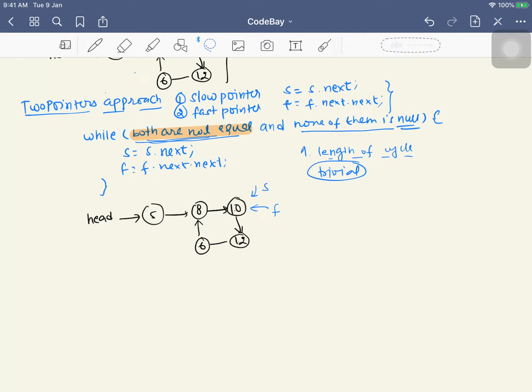Now let's dry run it. So let's move our fast pointer by one node: 1, 2, 3 and 4. So this shows that the length of the cycle is 4.